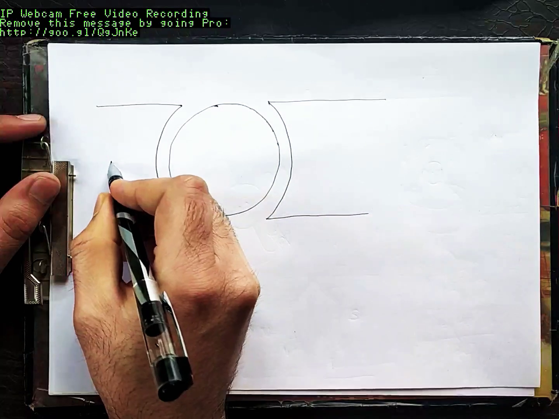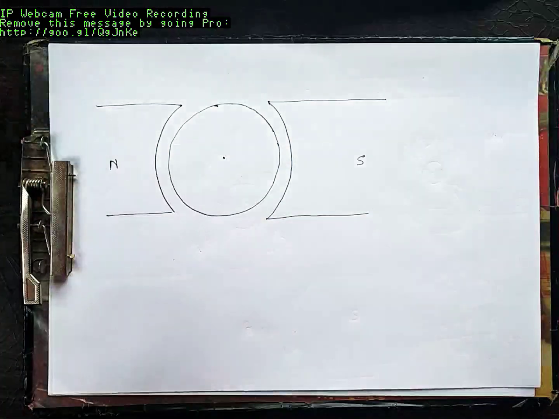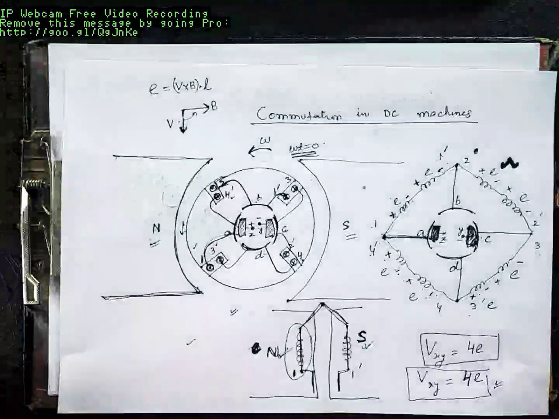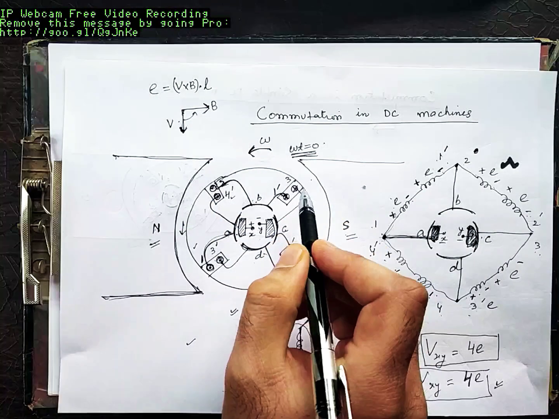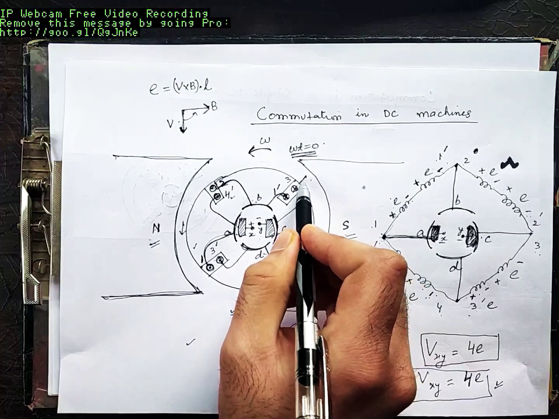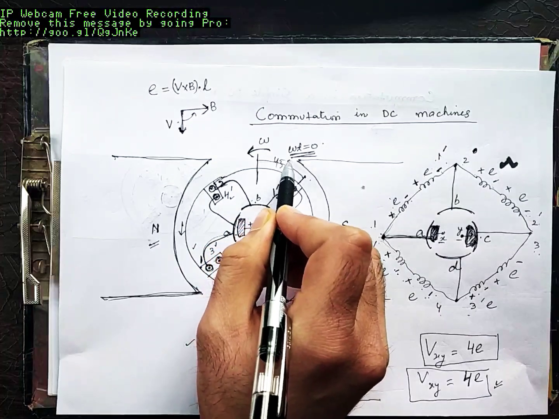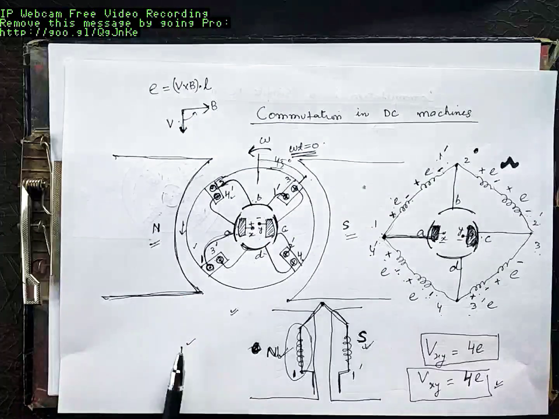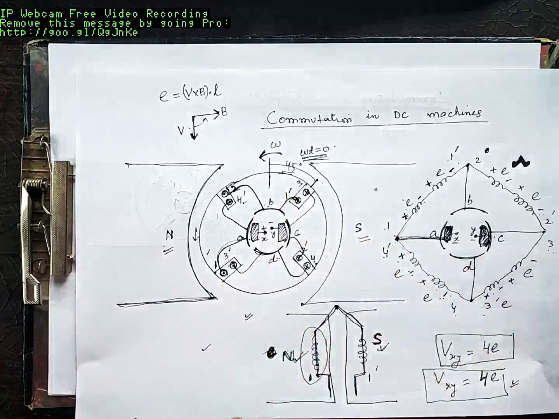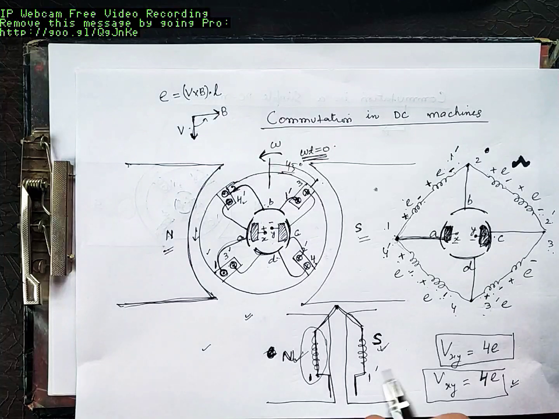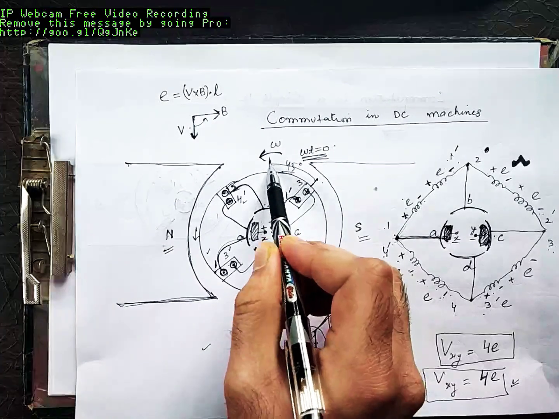This is north, this is south. When it rotates by an angle of 45 degrees, that means this point will reach here, 45 degrees. This rotor is rotating. When this rotor rotates by 45 degrees, this 1 prime and 3 will reach this point in the space.